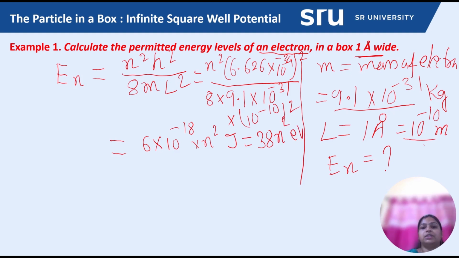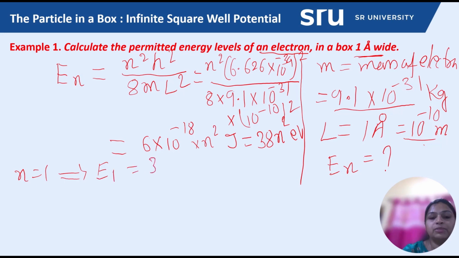So this is our energy En. So now we know the minimum energy the electron can have, the minimum state, will be n equal to 1. So that is, you can get E1.